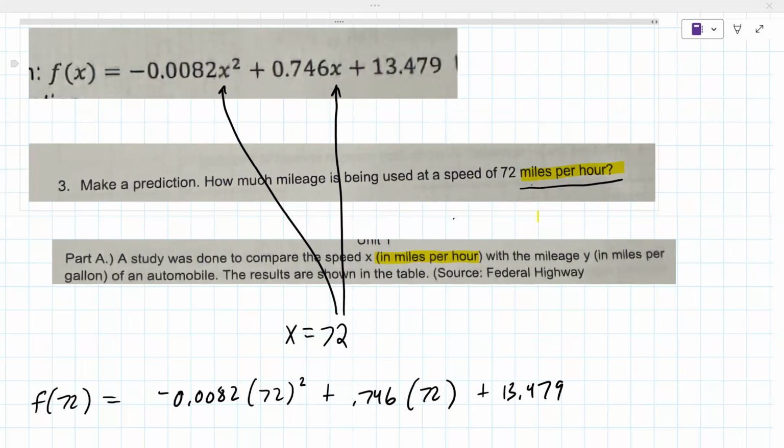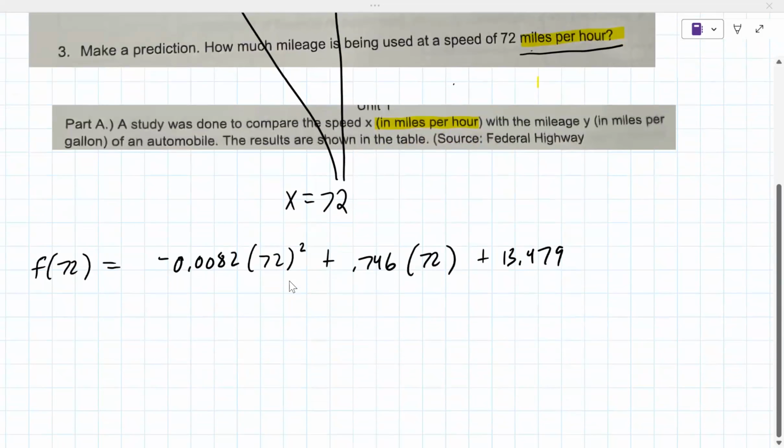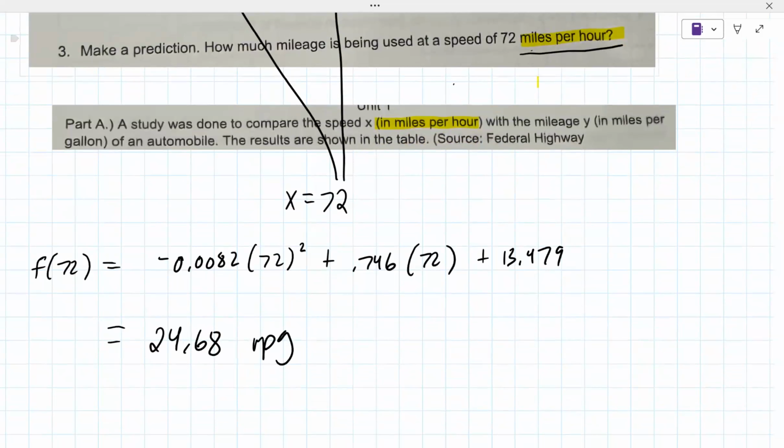All right, that's better. So round it to 2 decimal places. 24.68. Very good. Miles per gallon. Any questions? Let me write it in. Okay.